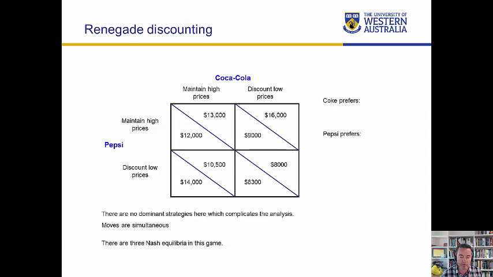Pepsi will have to cut prices as well and take the game down to the bottom right-hand quadrant in a multi-period version of this game, in the hope that eventually high prices will be restored and their profit can go back up to 12,000. Okay, so we've got two Nash equilibria.